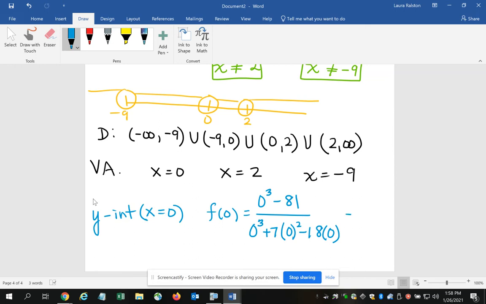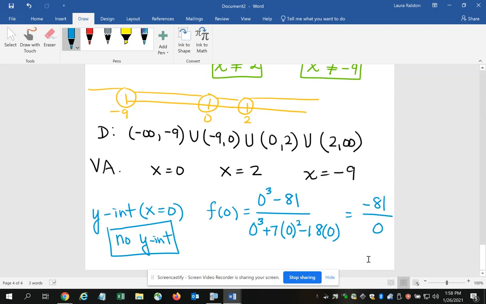So we end up with negative 81 over 0. But remember, you can't have 0 in the denominator. We already figured out that 0 is a vertical asymptote, one of our restricted values. So this particular graph would have no y-intercept.